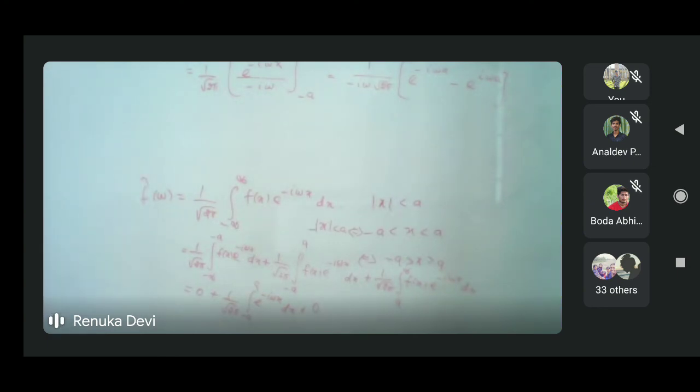So that is e power ix minus e power minus ix by 2i is sin x. So using this property, e power ix, what is this?